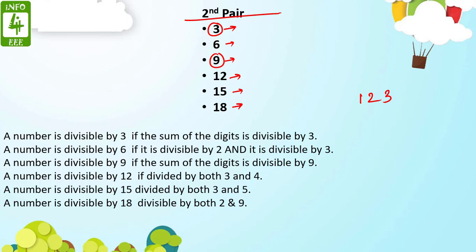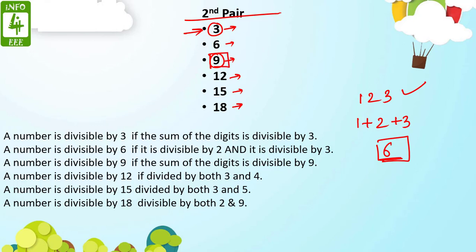You add all the digits: 1, 2 and 3. We get a sum of 6. This 6 should be a multiple of 3. Yes, it is divisible by 3. So we can say this 123 will be divisible by 3.